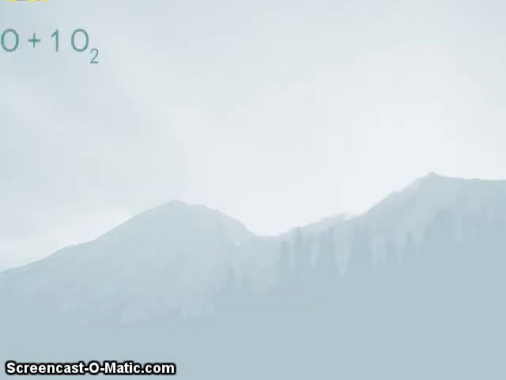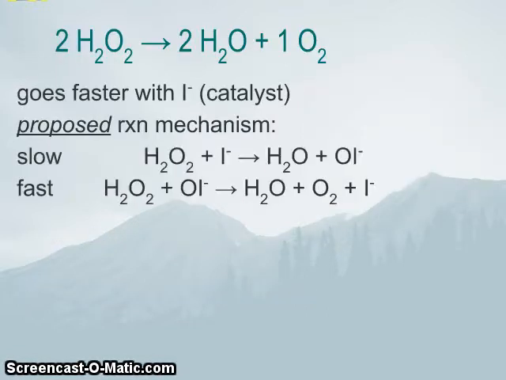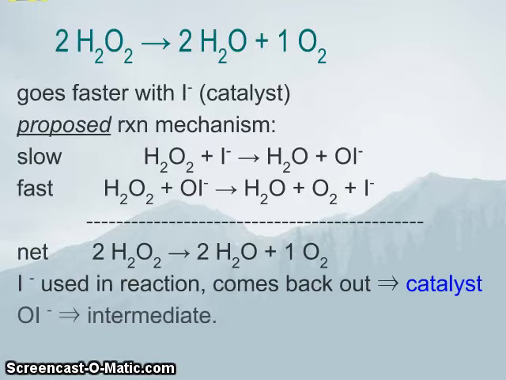And so the last thing we want to talk about is what are called catalysts. So a catalyst is a substance that makes the reaction go faster by giving the reaction a different reaction mechanism. So decomposition of hydrogen peroxide to water and oxygen goes relatively slow, but if we add iodine, the reaction goes much faster.